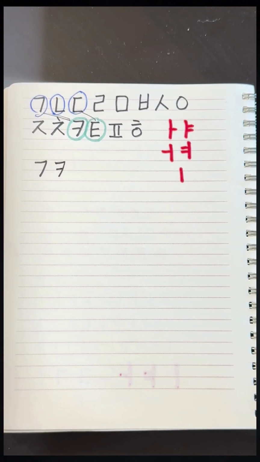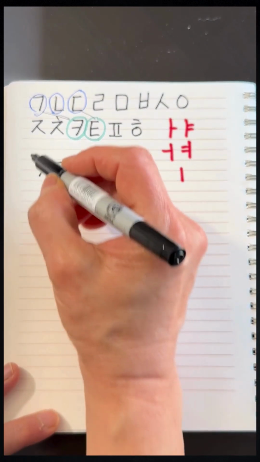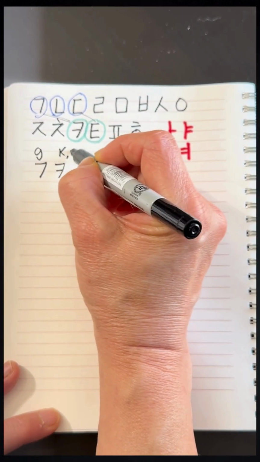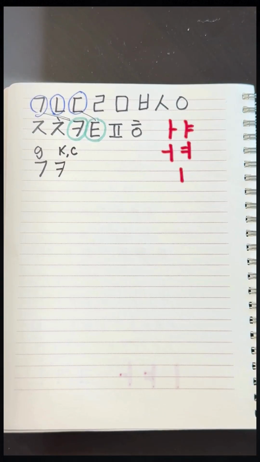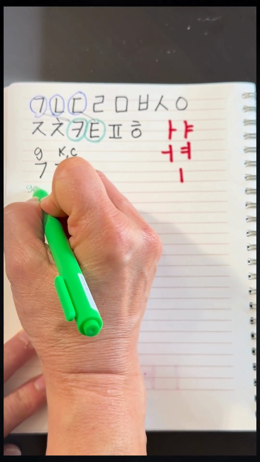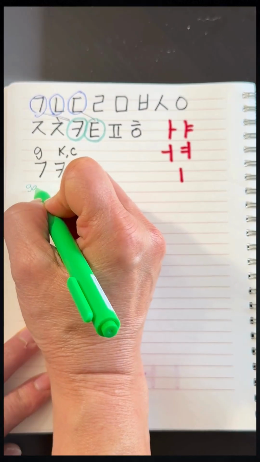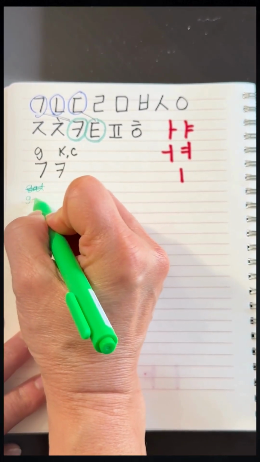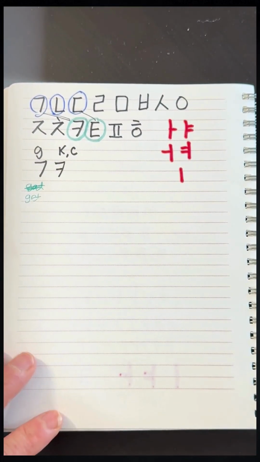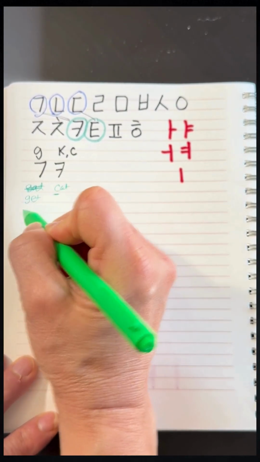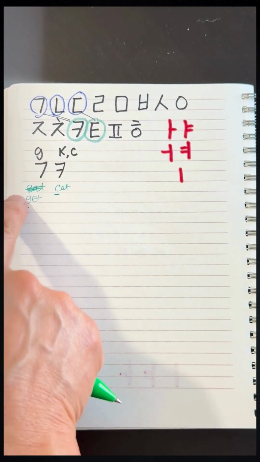So 그, 크, 그, 크, or C. I think the example will be get. I guess we could write get. I get it, right? Get. And this one will be cat. K, g. Okay, g, k.